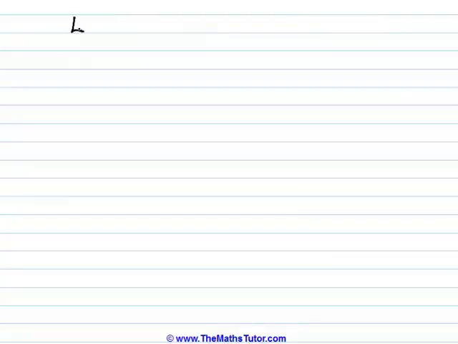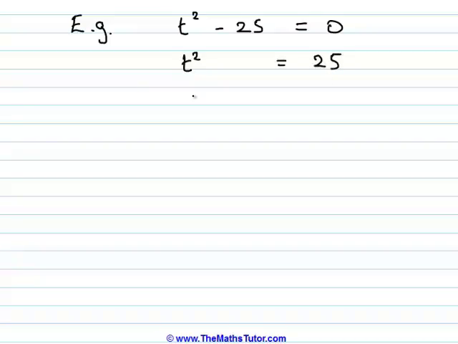Another example, this time the variable is t, so t squared minus 25 equals 0. We can solve this one as follows. First thing we're going to do is move the 25 to the other side. So this becomes t squared equals 25.